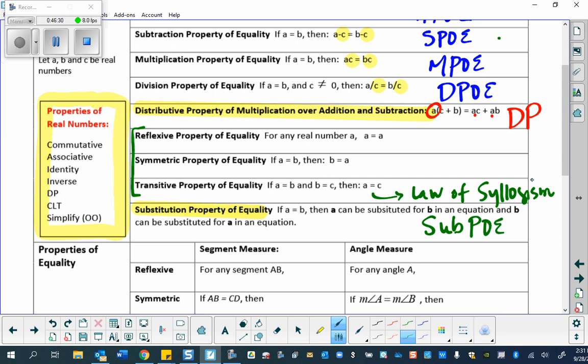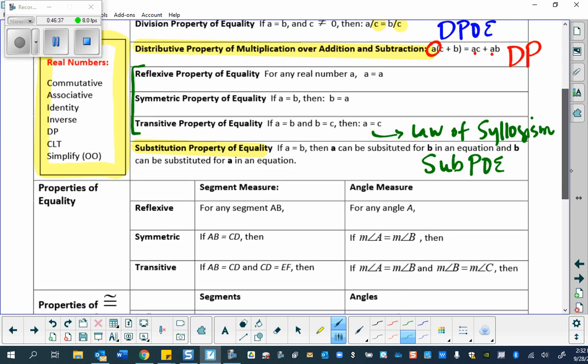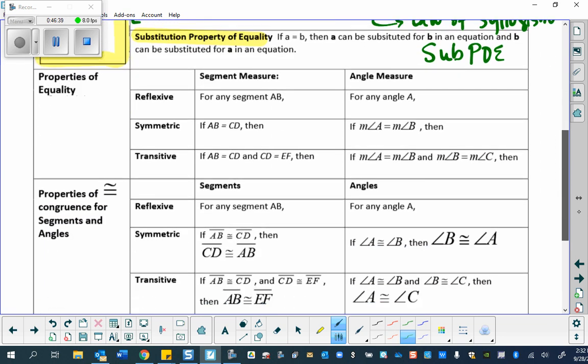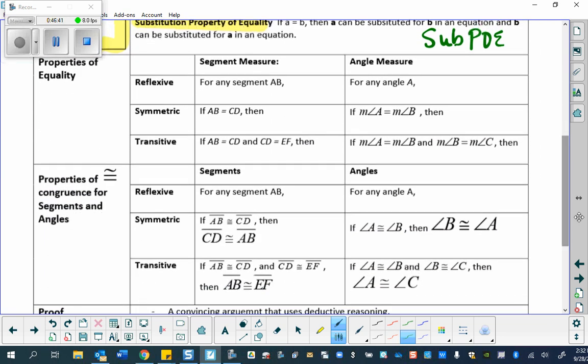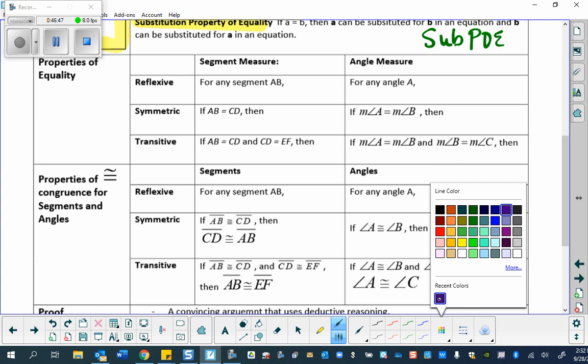And it might remind you of the thinking involved in the law of syllogism. We're not going to spend too much time on them in terms of algebra, but we will translate down here and talk about them in terms of geometry, because these are where the properties really come into play with geometry.